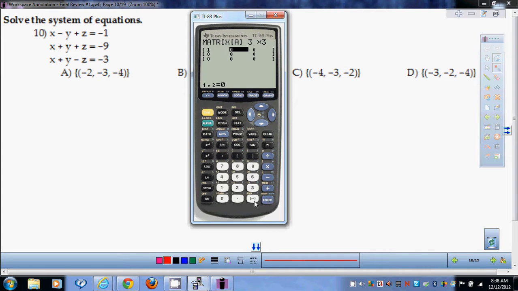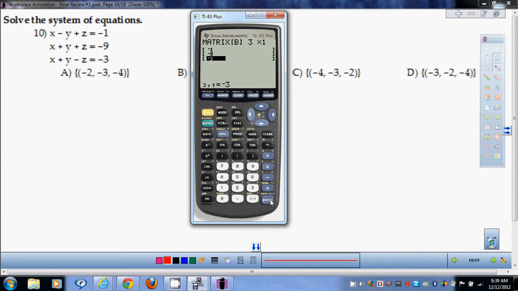Putting in just the left-hand side matrix: 1, negative 1, 1, and 1, 1, 1, and 1, 1, negative 1. Enter. Now I'm going to put in my answer matrix, which is a 3 by 1. And that's negative 1, negative 9, negative 3.